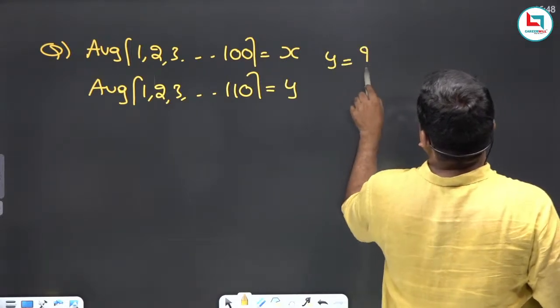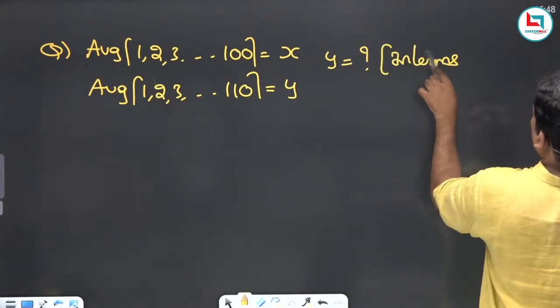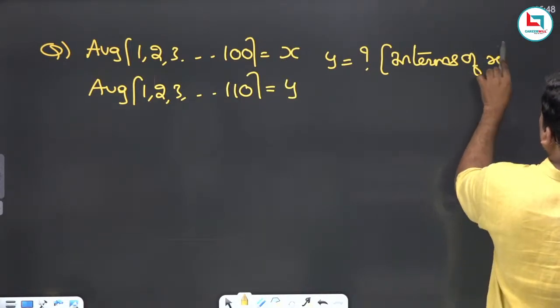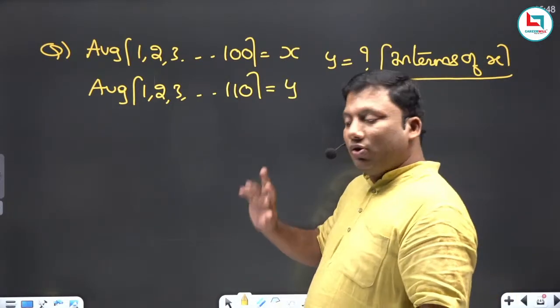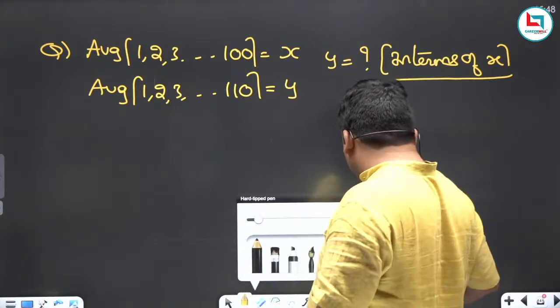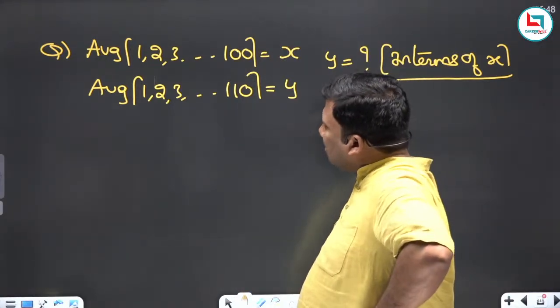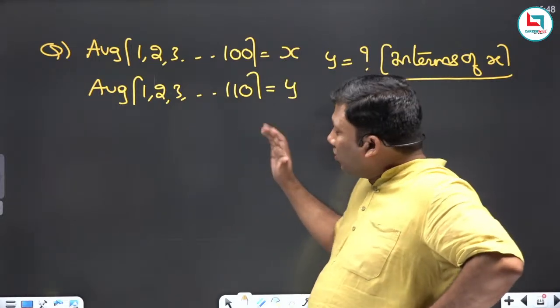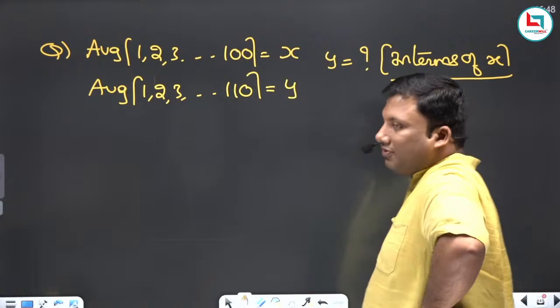Y is equivalent to how much, in terms of x? The answer will be in terms of x. Very, very good question, sir. Do not miss any of the live classes. Find y in terms of x.